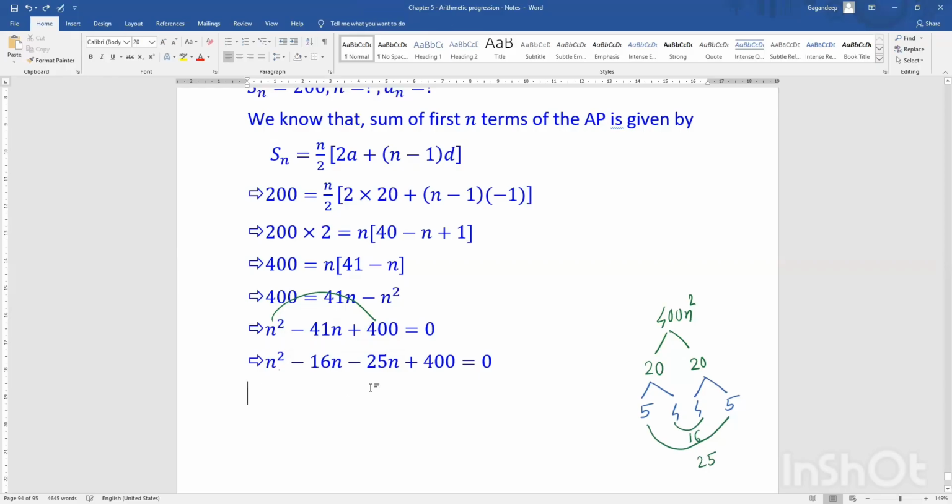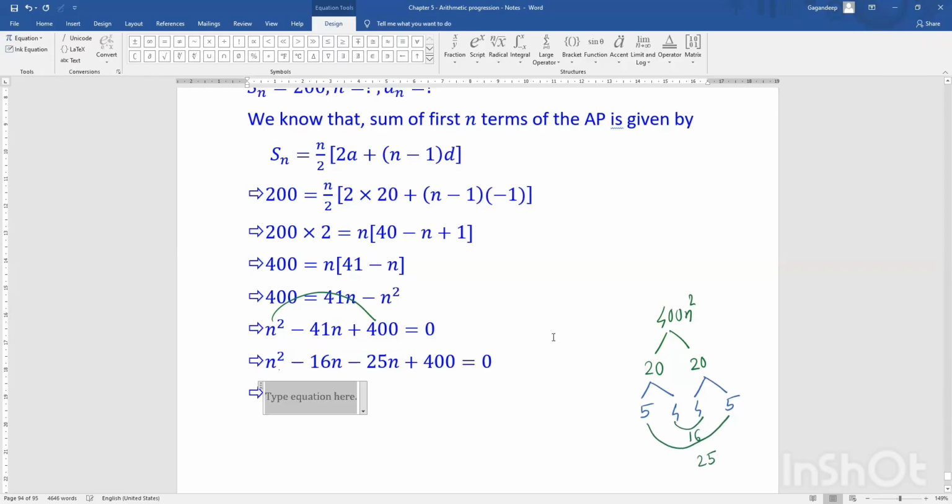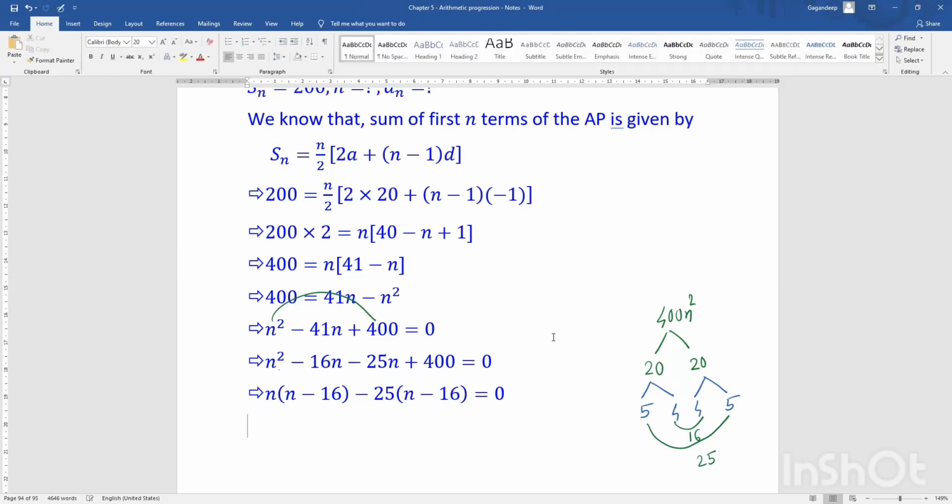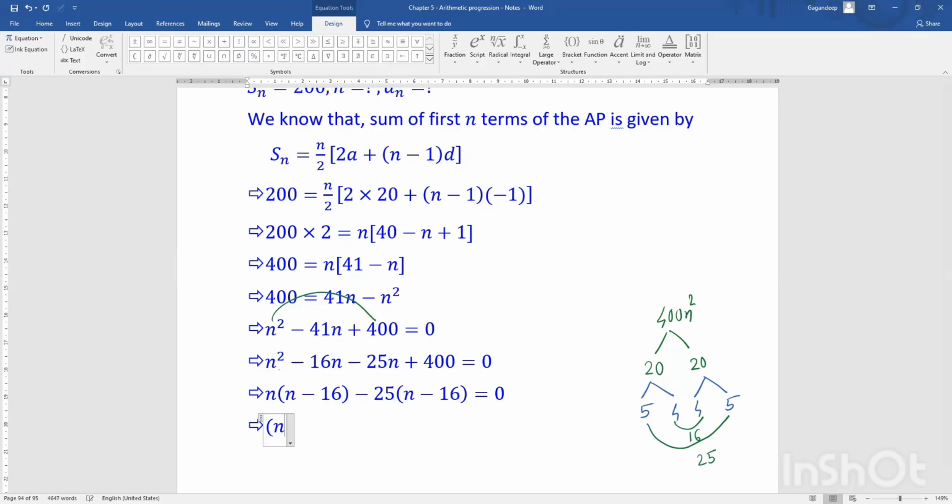And then I take out n as common: n into n minus 16 minus 25 into n minus 16 equals 0. Or I can write it as n minus 16 taken out as common, then the one outside the bracket is n and here you have minus 25.